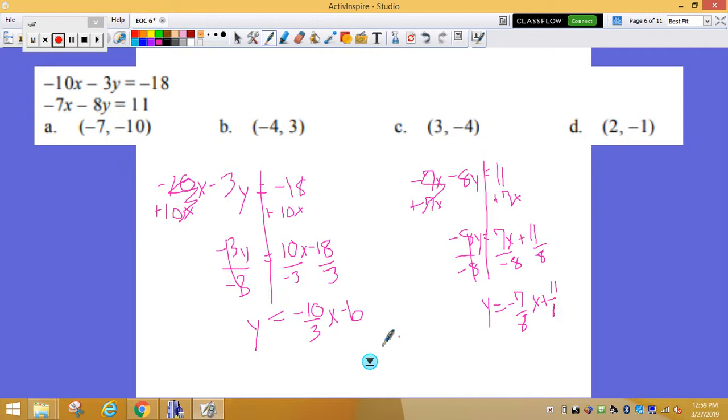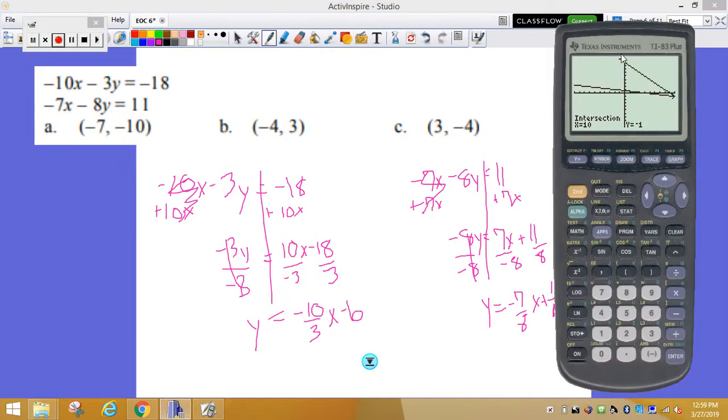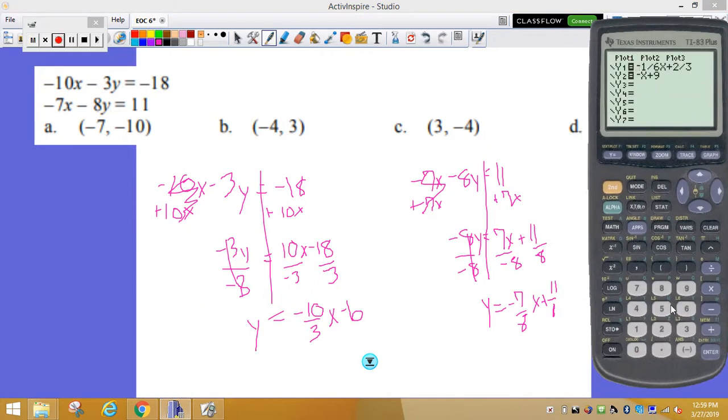Okay, let's go to our calculator and type that in. Negative 10/3 x minus 6. Negative 7/8 x plus 11/8.